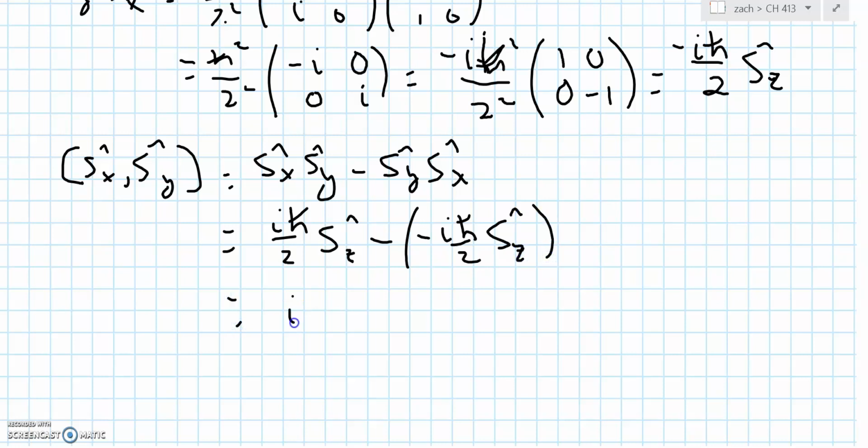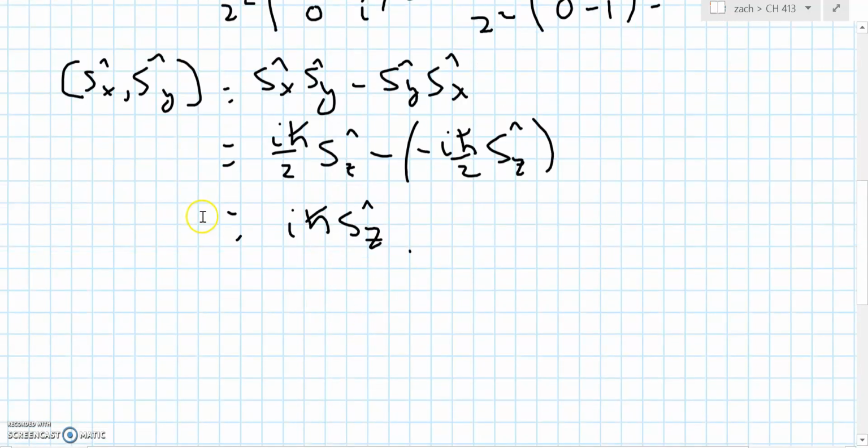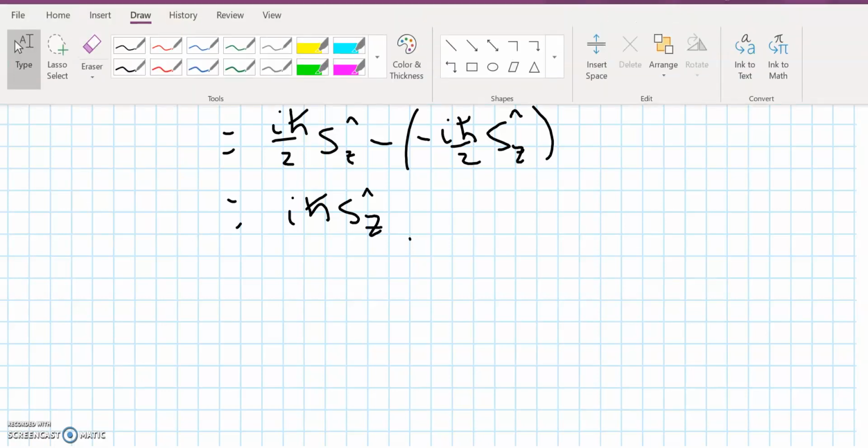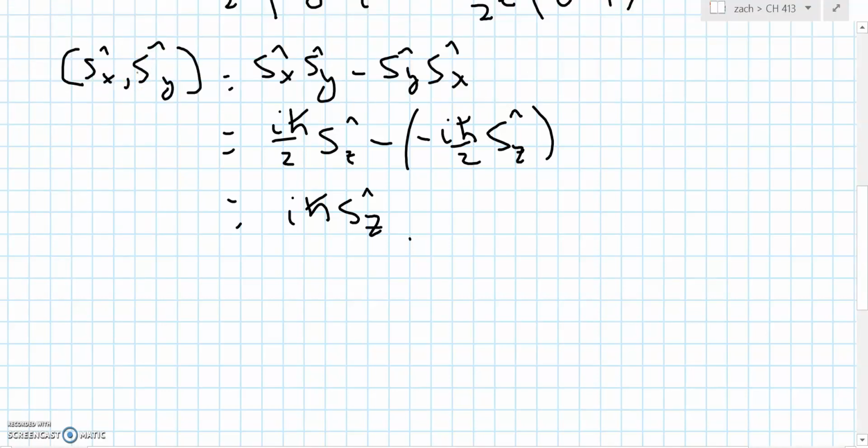So this is just I H bar SZ. So what did we actually conclude with the commutator? Take a couple seconds to yourself and think: what does it mean when the commutator is non-zero? And you got it! Or I just blew your eardrums out because you had your earbuds in really loud, and that was your mistake.